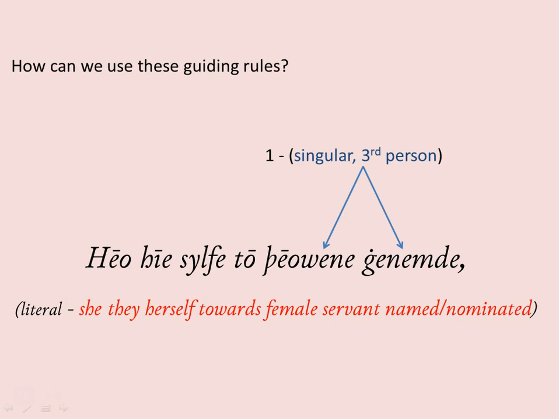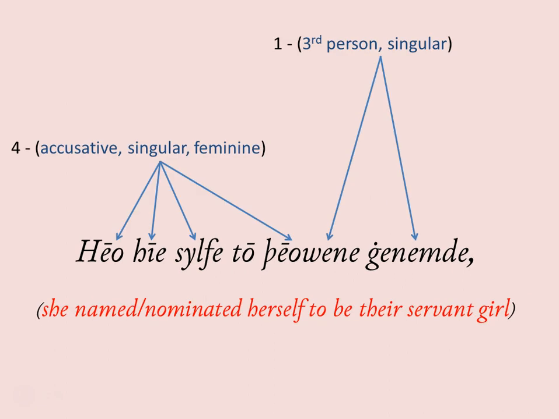So let's just have a look a little bit further and see if there's any more grammatical agreement which will help us tease out the meaning. So again with theowena, genemde, we've sorted that one out, third person singular, so they both go together and agree with each other. And what we notice here is when we check the case and the number and the gender, we get heo, here, sulva, agreeing with the noun, theowena. This is rule number 4. So, heo is in the accusative, here is also in the accusative, sulva is also in the accusative, and also theowena is in the accusative.